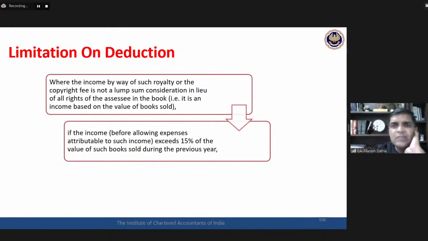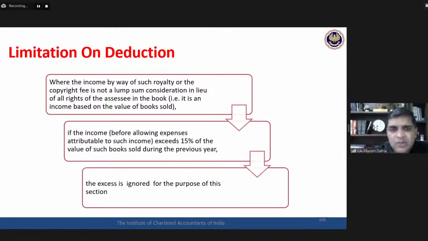Only up to 15% it will be treated as income from that particular book, and that much income shall only be considered for the purpose of this deduction. The excess over 15% of sale price, though it will be taxable, shall be ignored for the purpose of this section, meaning thereby for the purpose of this 80QQB, that excess over 15% shall be treated as if it is some other income, it is not my income from royalty.